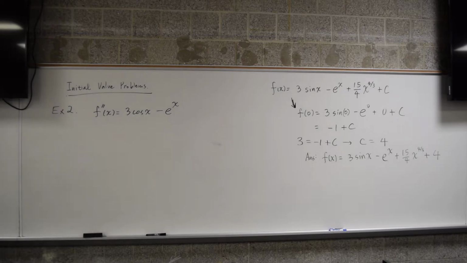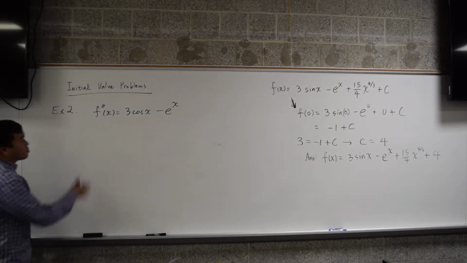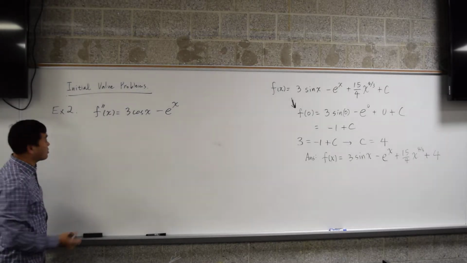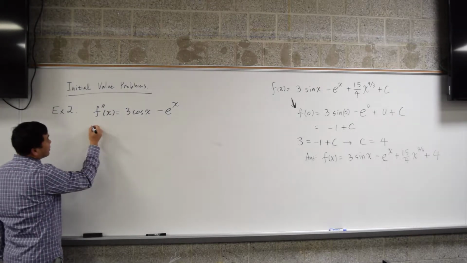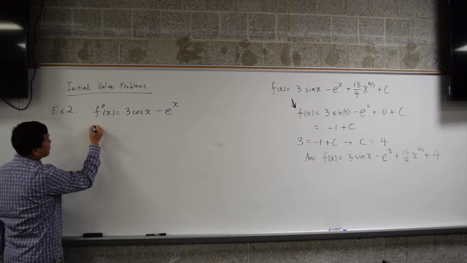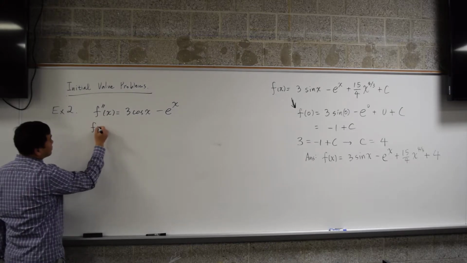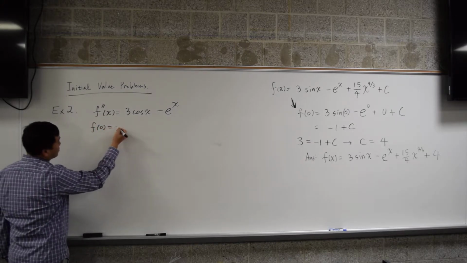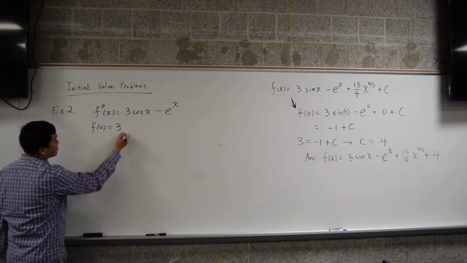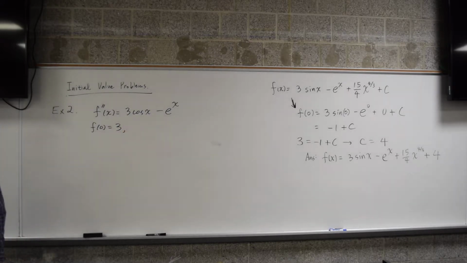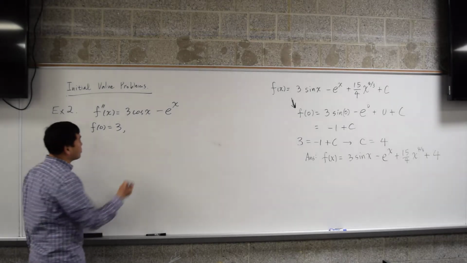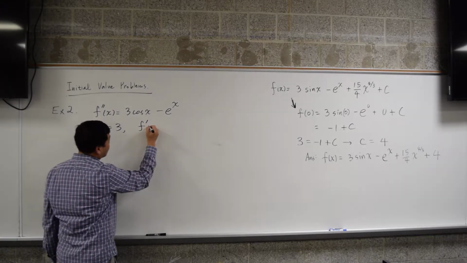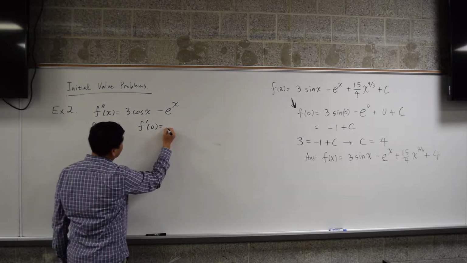But let's keep it even more simple because I just wanted to talk about what this second derivative initial value problem is. Okay? All right, so let's say f of 0 is 3, just like before, but you'll realize that for a second derivative initial value problem, you also need to provide f prime of 0.